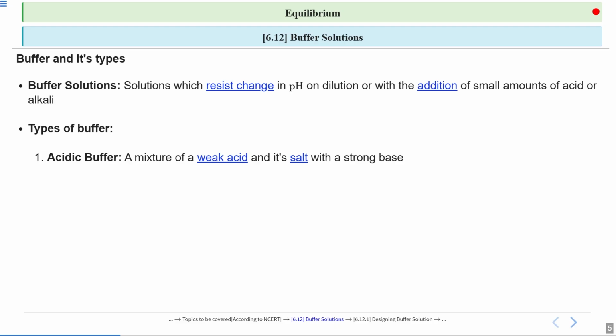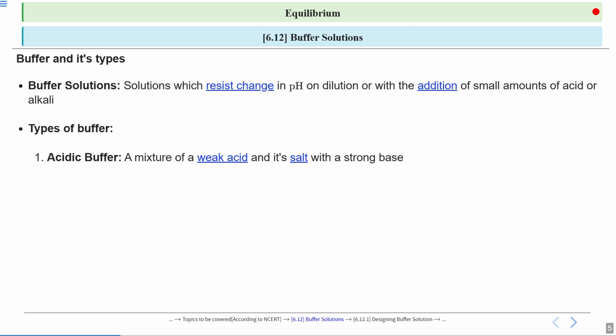So two things are there. The solution should contain a weak acid and it should contain its salt, meaning the weak acid's salt only, along with a strong base, meaning the cationic part of that salt should be coming from a strong base. So this is the thing for acidic buffer.